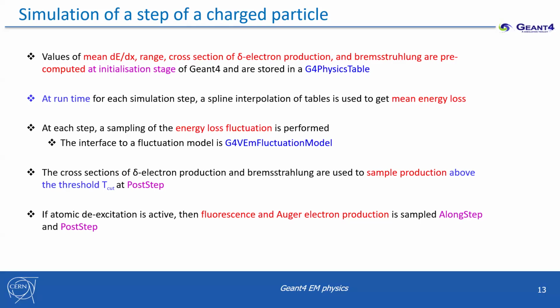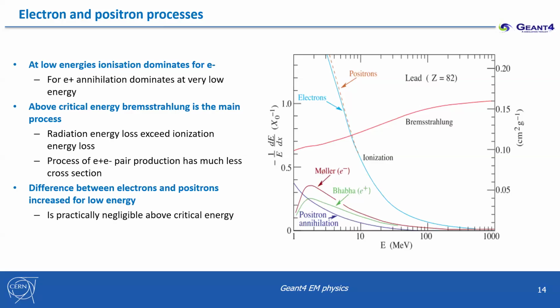And for that, we use an interface to the fluctuation model. We have the G4VEmFluctuationModel based interface and implementations for more accurate and less accurate fluctuation models. And of course, production threshold is an important value for each material. If atomic de-excitation is active, along the step, Auger electrons and fluorescence may be produced.